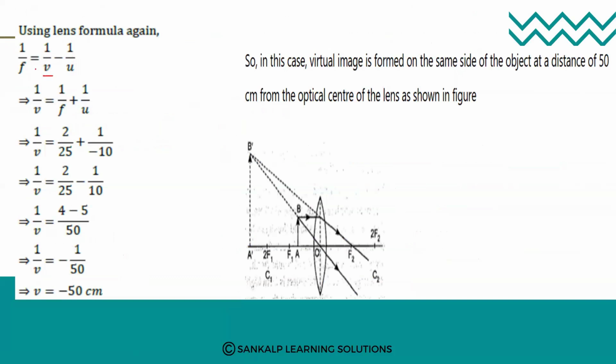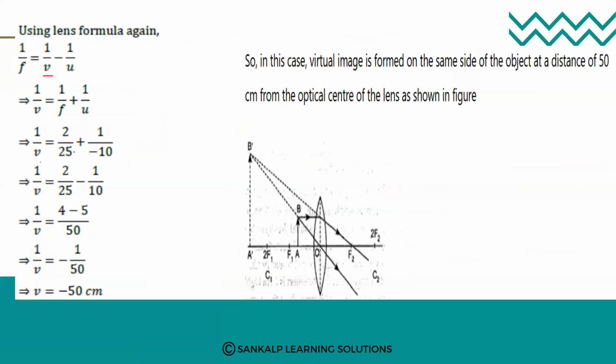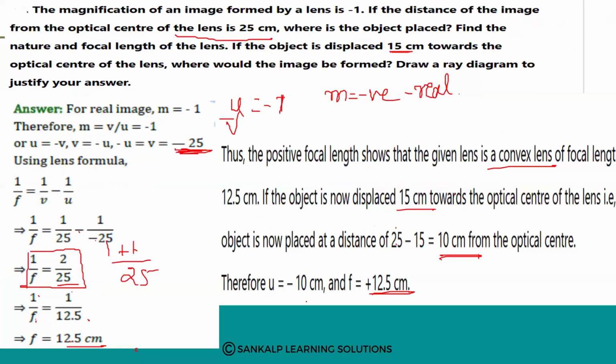So 1 upon v is equal to 1 upon f plus 1 upon u. What is the value of 1 upon f? Observe here, 1 upon f is 2 divided by 25. This value we will take.